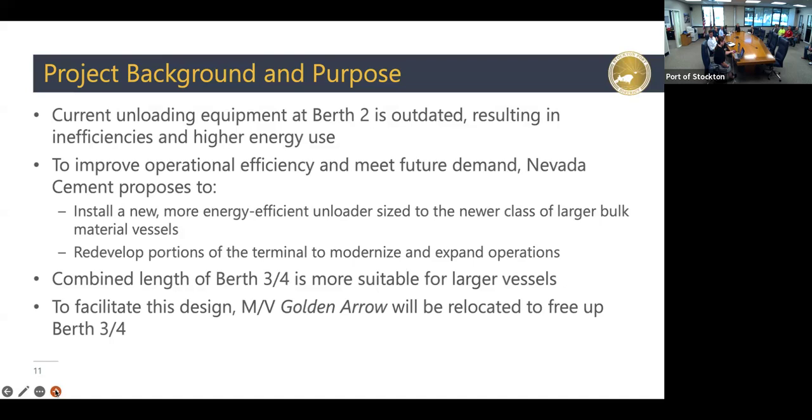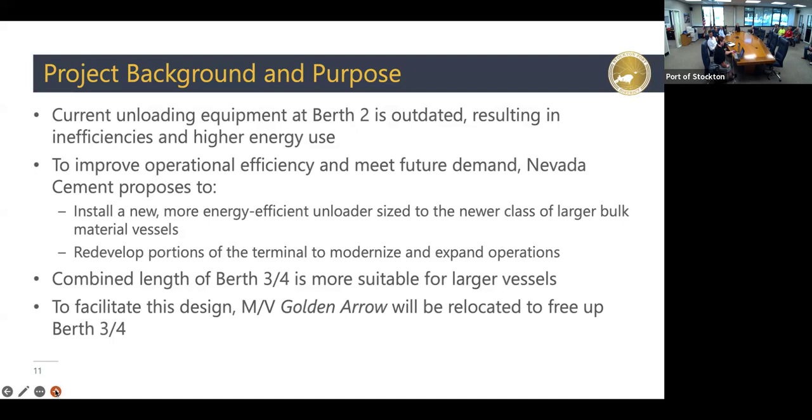Newer, more efficient bulk material vessels, which are currently calling at the terminal, are longer and wider, and the existing ship unloader's horizontal arm is too short to reach effectively across the wider ship's hold. Material within the ship's hold must be pushed to meet the reach of the arm, which results in a longer unloading time and potentially greater fugitive dust generation. In addition, the existing berth 2 ship unloader requires high levels of electricity to operate, which can apply pressure to the local grid during unloading hours.